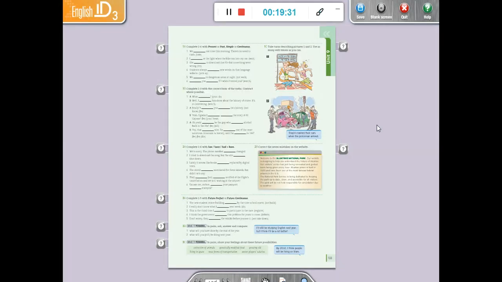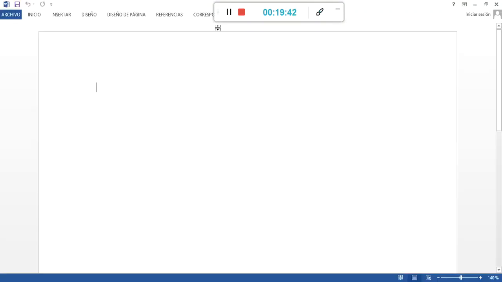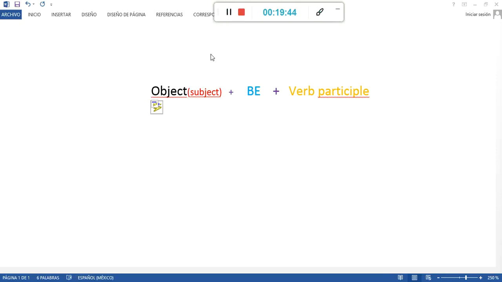As you remember, this is very easy. I'm going to do something. I think it is a good idea. I'm going to create something here for you. Well, it's like a basic formula for the passive voice. We have the object, that is taking the place of the subject, plus the verb to be in different tenses.